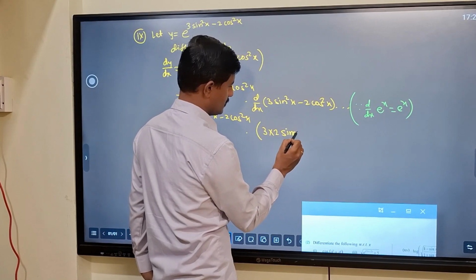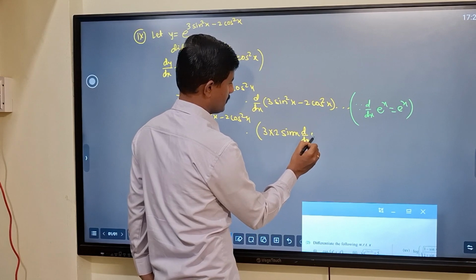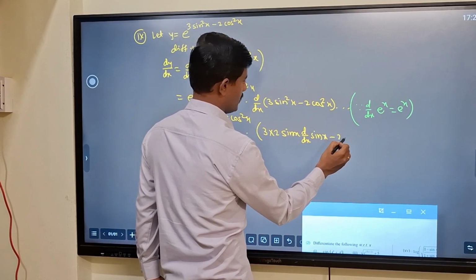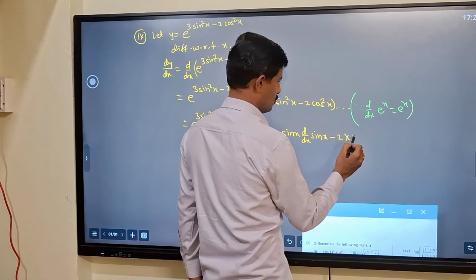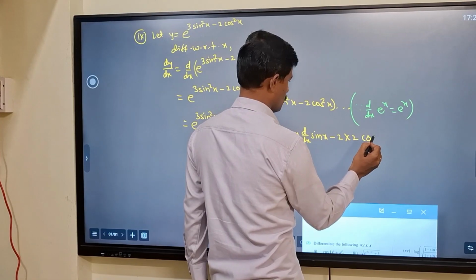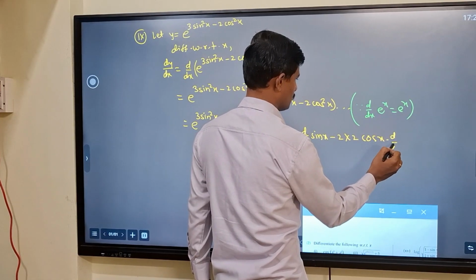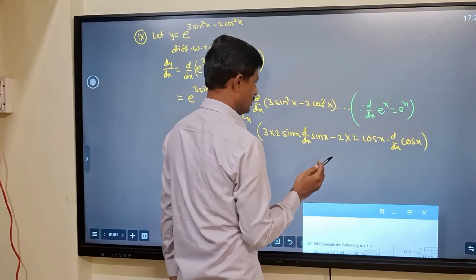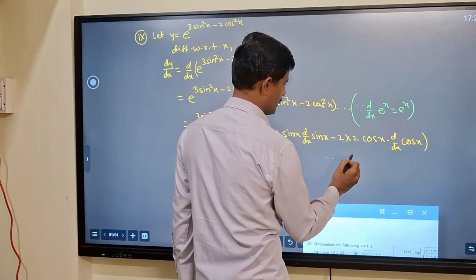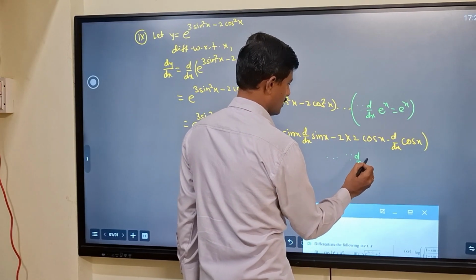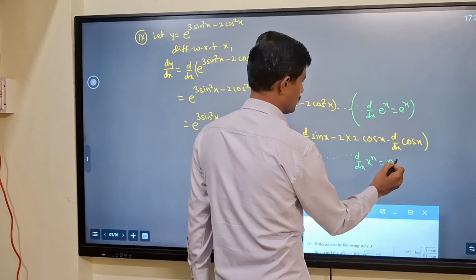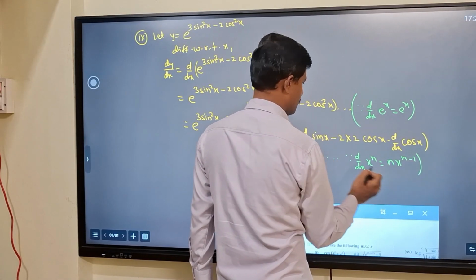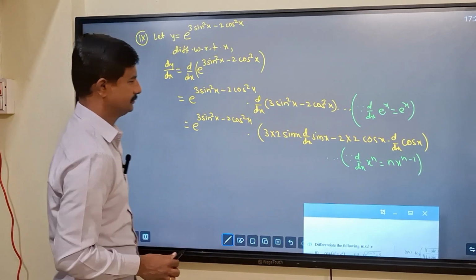Now for the next, e raised to 3 sin square x minus 2 cos square x into 3, which will remain as it is. Differentiation of sin square x is 2 sin x d/dx of sin x, minus 2 cos x d/dx of cos x. Here we used the formula d/dx of x raised to n is equal to n x raised to n minus 1.